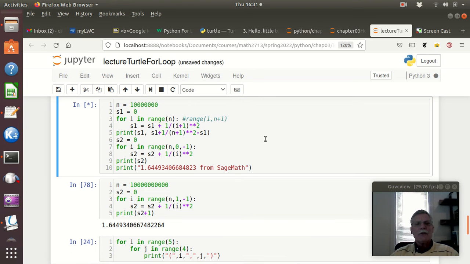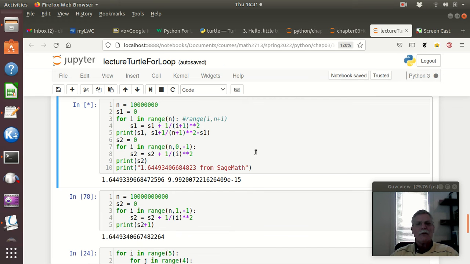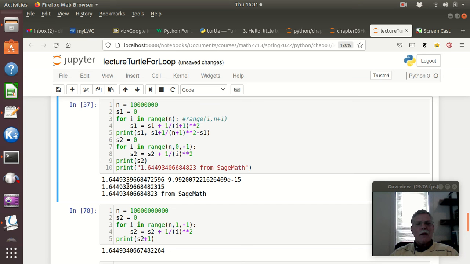It starts getting a little slower, but I don't think it's so slow we can't wait for it. So yeah, wait for it, wait for it. There's one of them. And so that's at 10 to the 7th. And so we see they're agreeing, they would, rounding, they would agree clear to here, 1.644934.